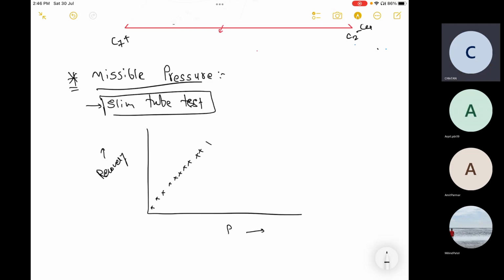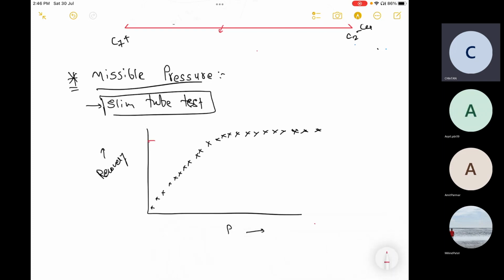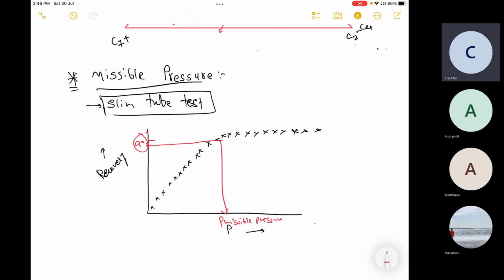Once I get maximum recovery, this graph will plateau. Many faculty members say 90% or it may be 95%, you can consider that value as the miscible pressure. Let's consider 90%, because in books 90% is written as a sufficient threshold. Whatever pressure gives a recovery equal to 90%, at that pressure we call it the miscible pressure. So this is the slim tube test.